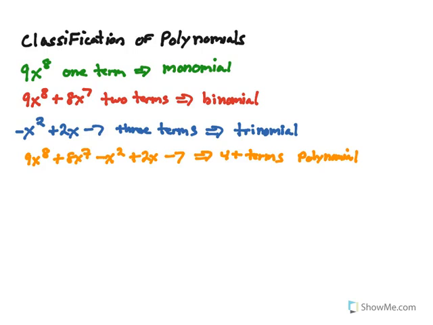So just for a little piece of information, let's say you had negative 7x to the 5th power plus 5x to the 4th power.